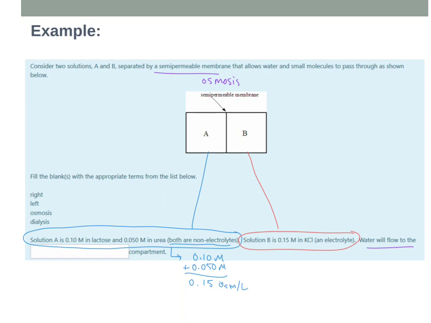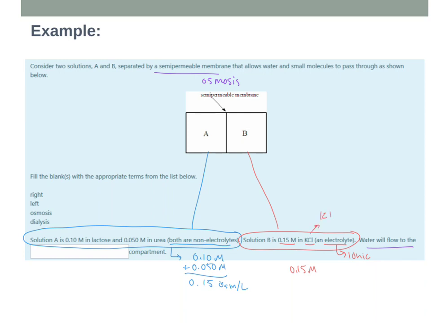Now, if I look at the right-hand side, it looks like I'm 0.15 molar in potassium chloride. It tells me it's an electrolyte, or in other words, it's ionic. Remember, electrolytes are ionic compounds. So I need to see how many particles potassium chloride breaks into and multiply that by my 0.15.